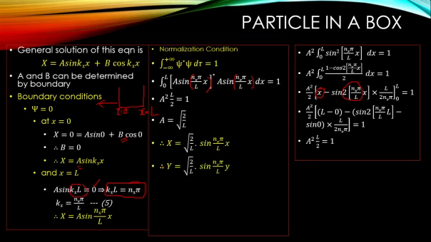Similarly, you can write for y, which would be square root of 2 by L sine ny pi by L y. Ny means it is an integer corresponding to the y term. And similarly, z can be written as square root of 2 by L sine nz pi by L z.